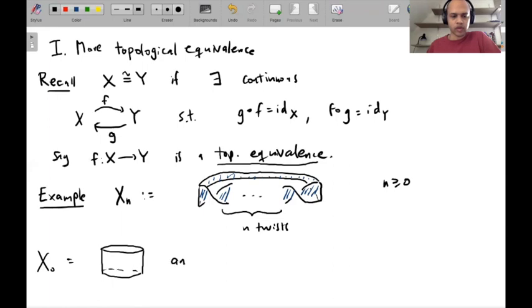So this is what we call the annulus. Topologically, it's S1 cross an interval, where S1 is the circle.